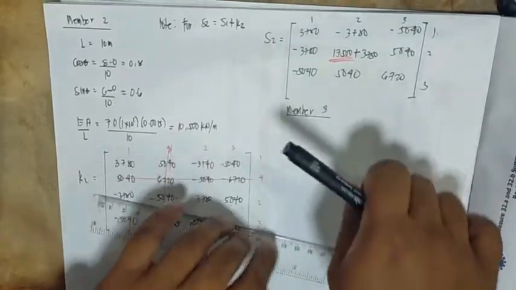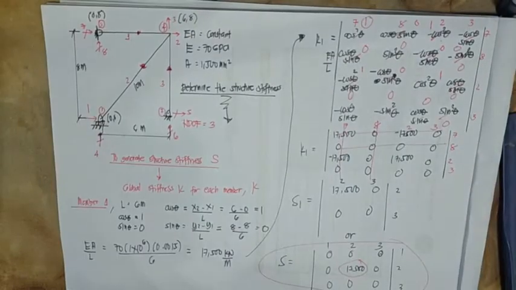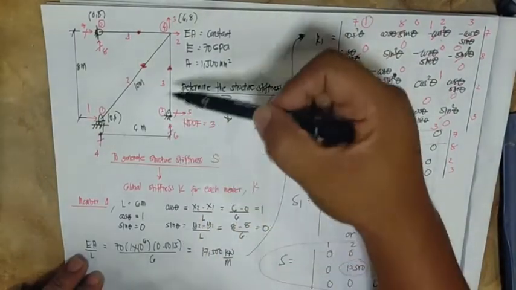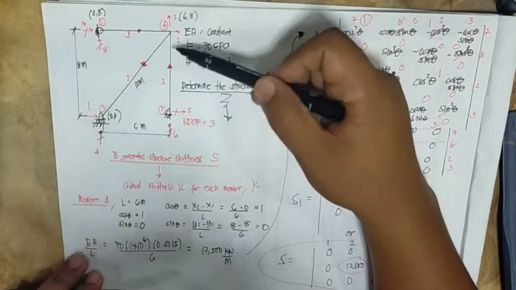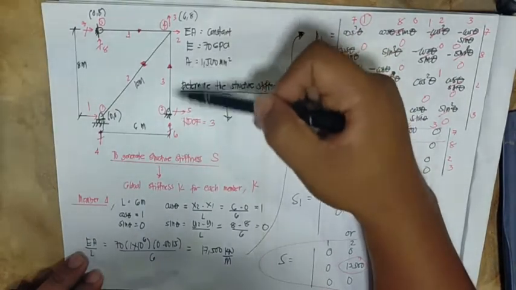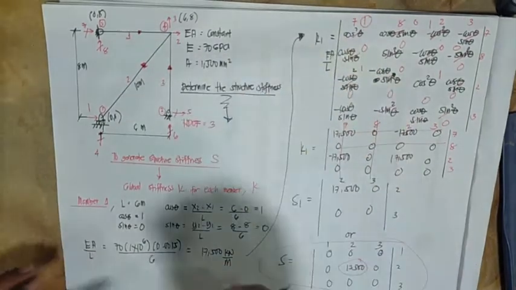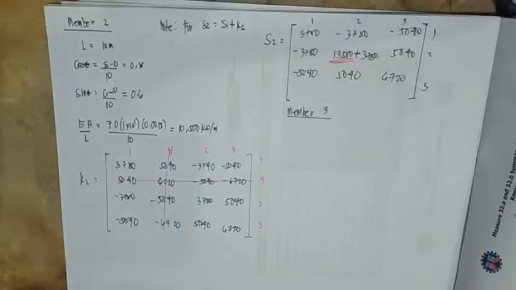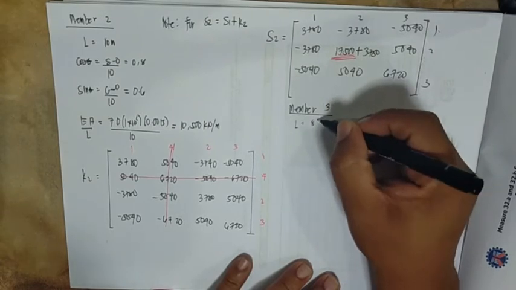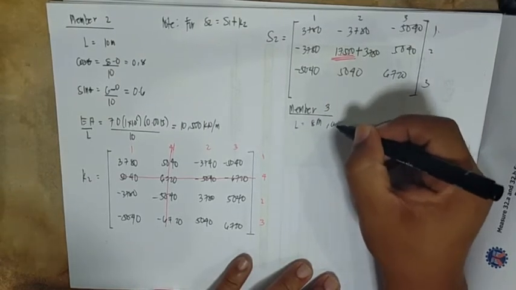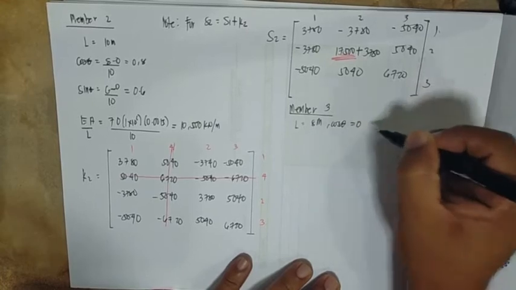For member 3, let's go back here. We are now at this member. So here, cosine is 0 but sine is 1. Going up. So for member 3, L is 8 meters. Cosine theta is 0.